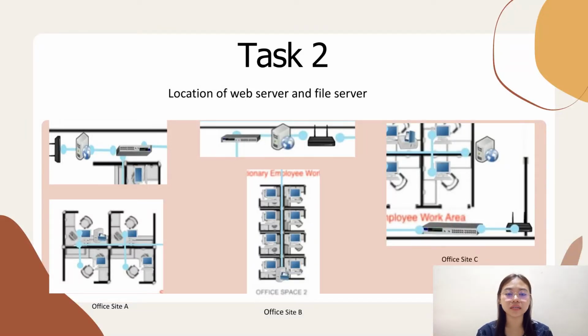When the file server is connected to the internet, authorized employees or clients can access the files anywhere and anytime they want. Hence, we decide to locate one server in each stationary employee work area for Office A, Office B, and Office C. The reason for our answer is that if we locate one file server in each stationary employee work area, it will be peer-to-peer networking, in which computers share equivalent management for handling data.